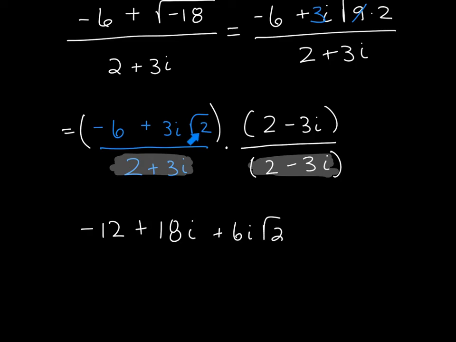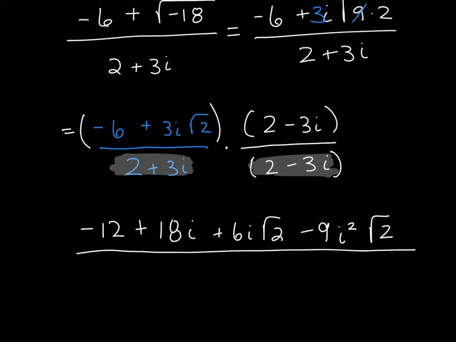And finally, it is 3i square root of 2 times negative 3i. I multiply those together. That ends up giving me a negative 9i squared square root of 2.